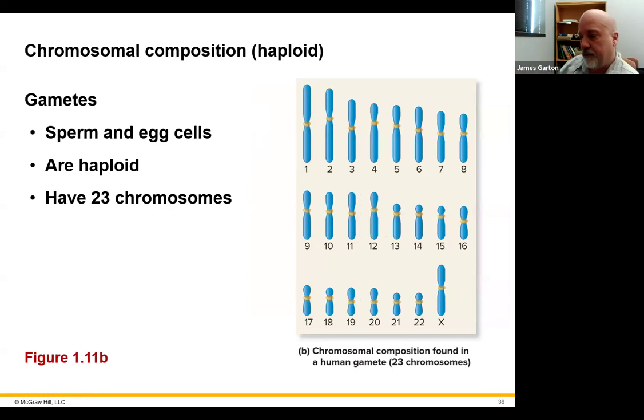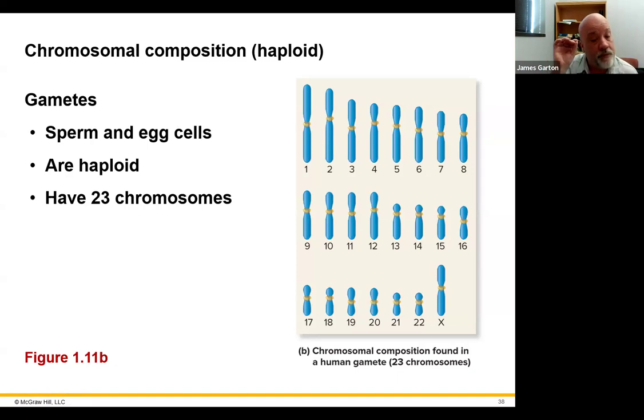And then if you are capable of sexual reproduction, you are capable of making what they call gametes. And in general, these are referred to as the sperm cells and the egg cells. Male gamete and female gamete. And if the organism in question is diploid, two copies of every chromosome, the gametes are haploid, one copy of every chromosome.